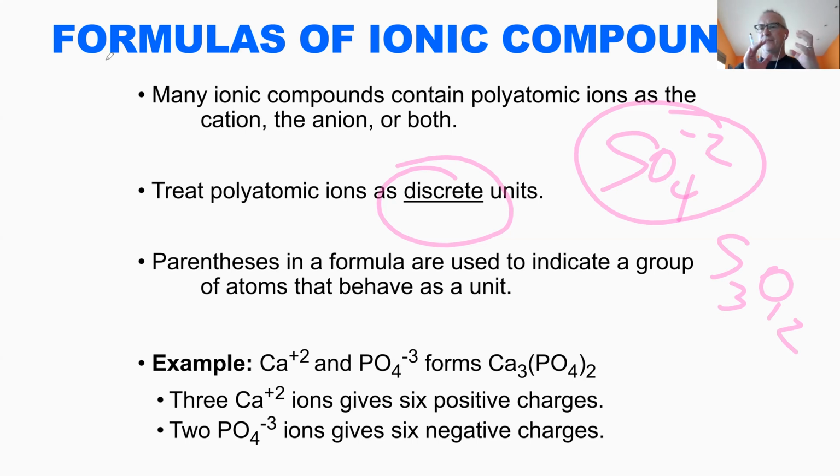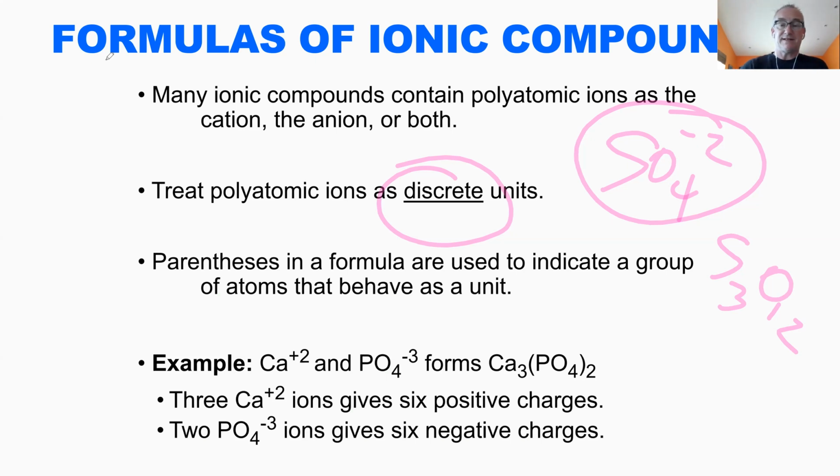And so if we have 2 of them, we have 2 discrete units. They don't combine with each other. In fact, since they're both negatively charged, they wouldn't even come close to each other. They'd drive each other apart. They would repel, and you would have positive charges in between them.